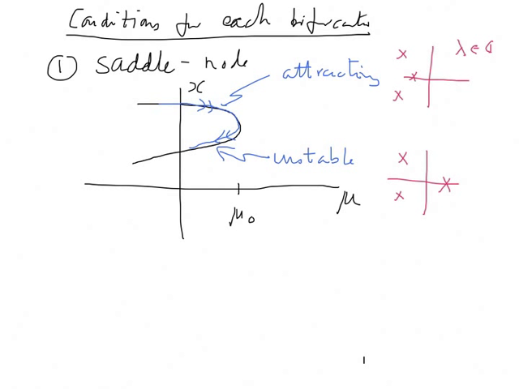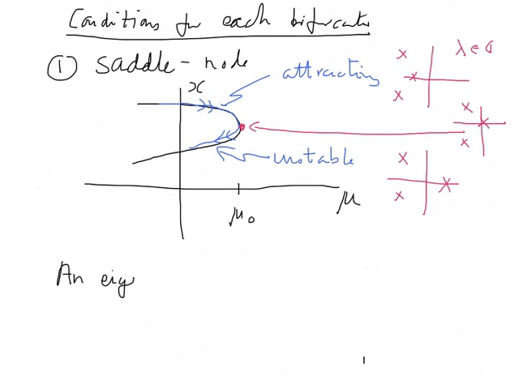So right here at the bifurcation point, at the saddle node point, you would have an eigenvalue right at zero. So the key is that having an eigenvalue at zero indicates a bifurcation here.